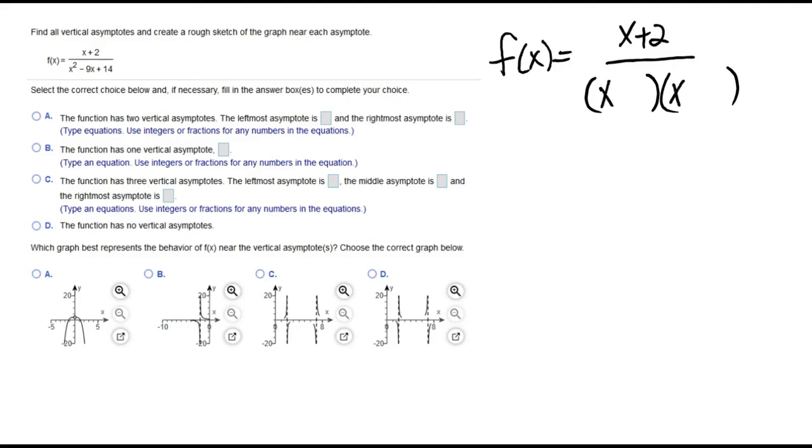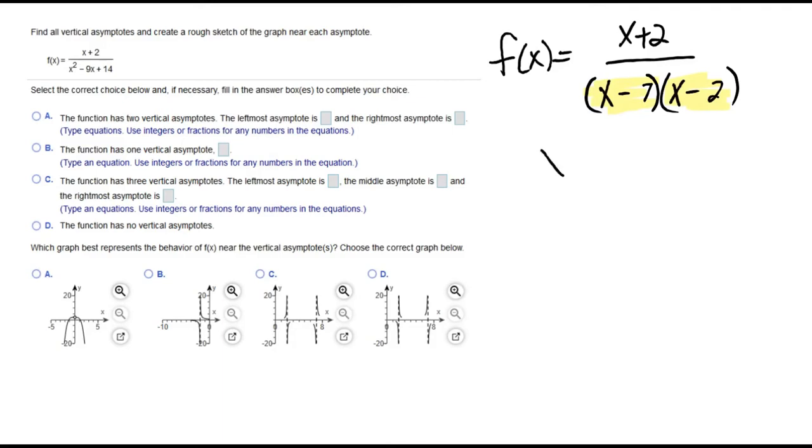So our denominator, which is x squared minus 9x plus 14, is going to factor into x and x. Factors of 14 are 7 and 2, and I'm going to make them both negative. And that is the correct factorization. You notice that we don't have any common factors, so I'm going to have vertical asymptotes at these two factors.